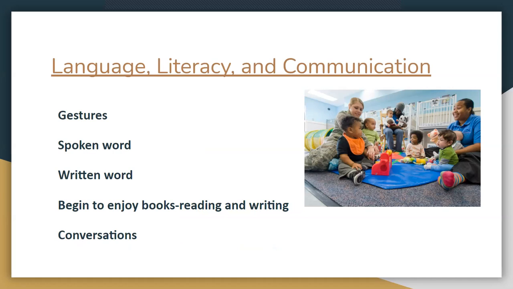Language, literacy, and communication. So this would include gestures, spoken word, written word, beginning to enjoy books, reading and writing, and their different conversations. And remember, at the different levels, each child is talking. So even if you have an infant, they are talking, even though their talk maybe sounds like blowing bubbles, things like that, their facial expressions.